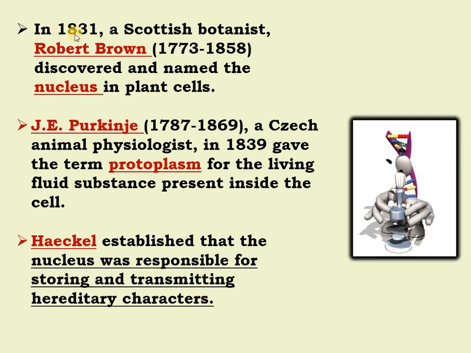Now, in 1831, these are some of the facts that we should remember. In 1831, a Scottish botanist, Robert Brown, discovered and named the nucleus in plant cells. Then J.E. Purkinje, a Czech animal physiologist, in 1839 gave the term protoplasm for the living fluid substance present inside the cell.